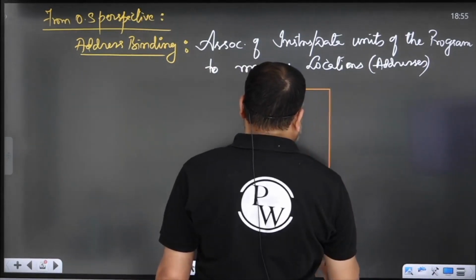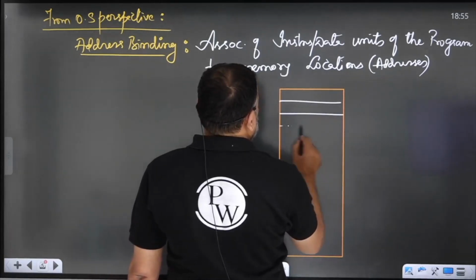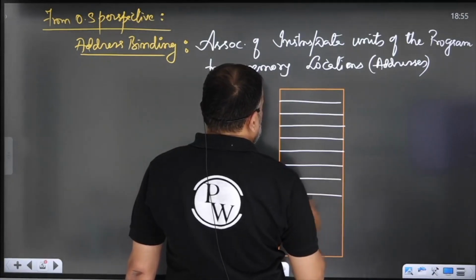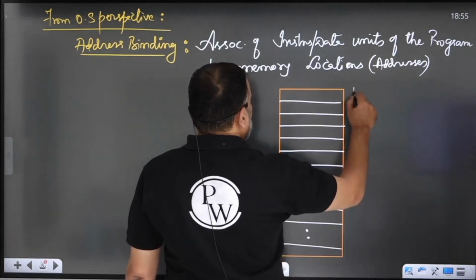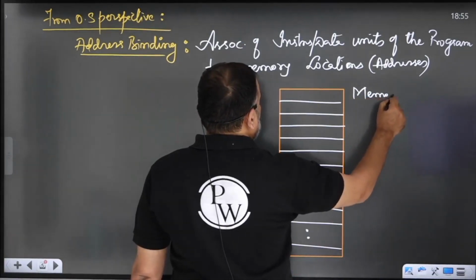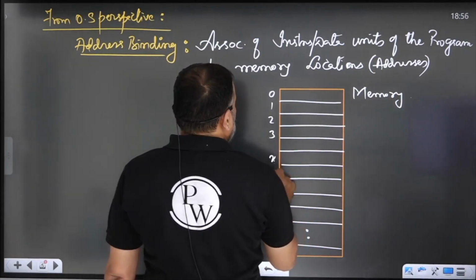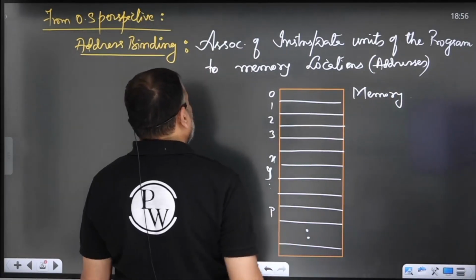What I am trying to emphasize here is this point. Let's say this is my memory, physical memory. As per our notion, memory consists of words, with starting addresses 0, 1, 2, 3, X, Y, P, and so on.